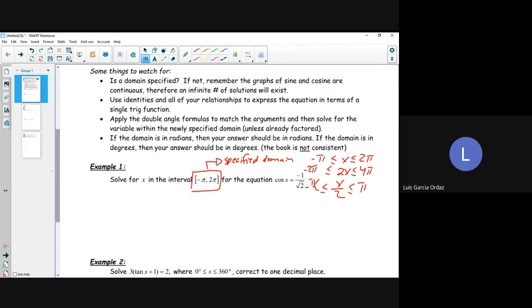So now let's move on to example 1. In example 1, we have: solve for x in the interval of negative pi to 2 pi for the equation cos of x is equal to negative 1 over root 2.